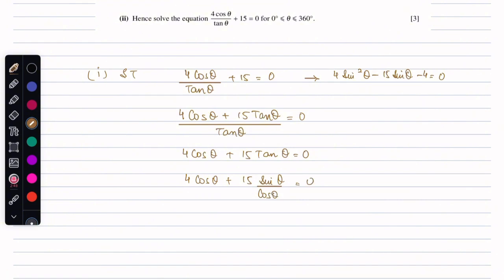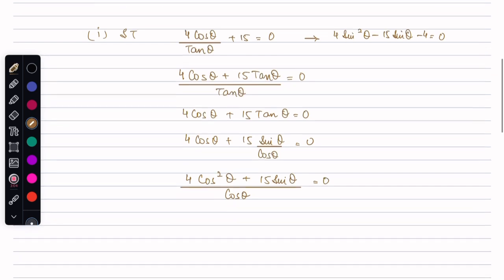So again, if I take the LCM, then this needs to be cosine theta as the LCM, and then this becomes 4 cos square theta plus 15 sine theta, and this is equal to 0 then.